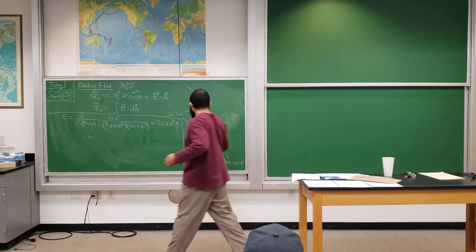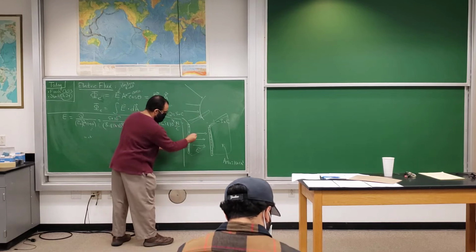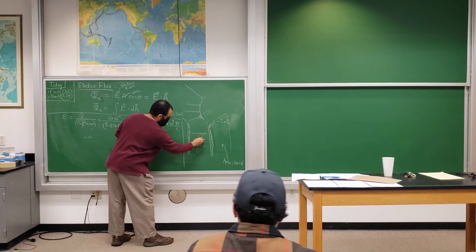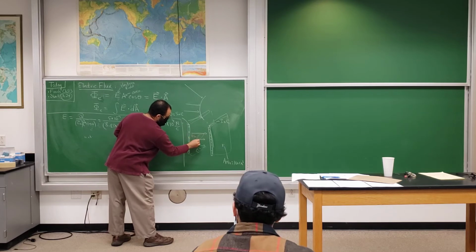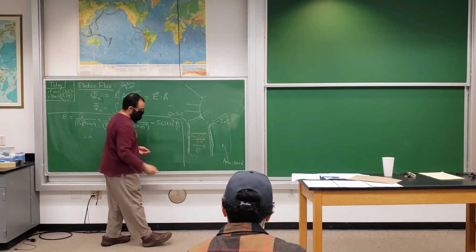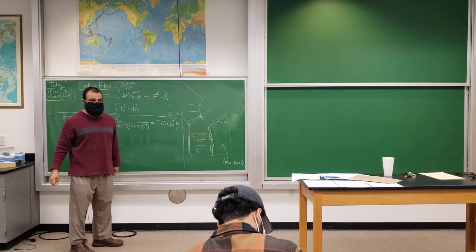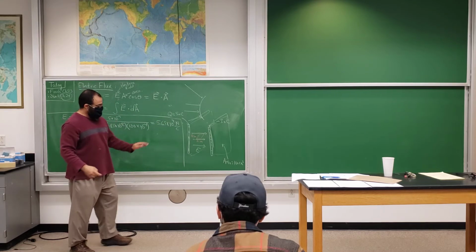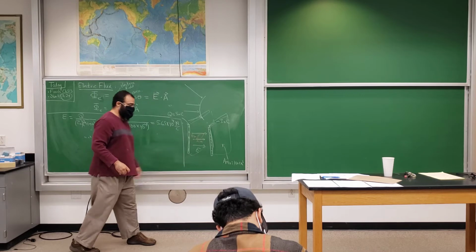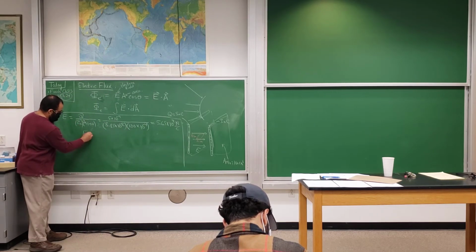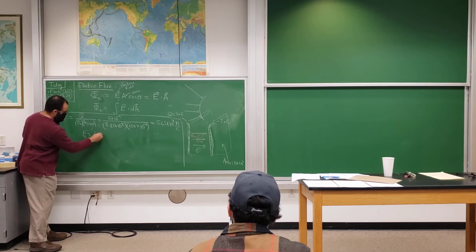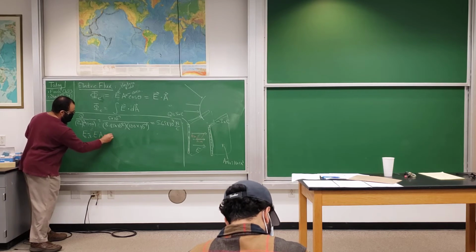And that's what I'm going to write to calculate this. So I'm placing here a small square that is 1 centimeter by 1 centimeter. That is one square centimeter, and it's at 45 degrees to the field. Okay, so my square looks like this. So in this case, the flux will be E times A times the cosine of theta.